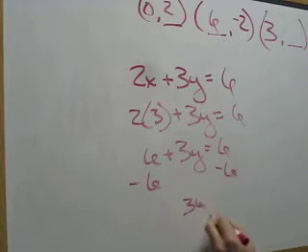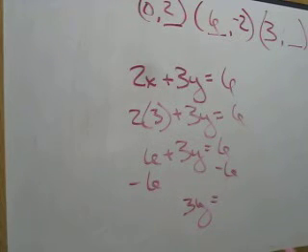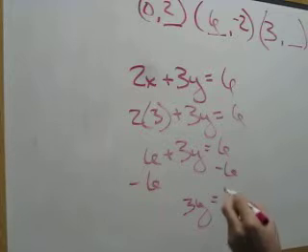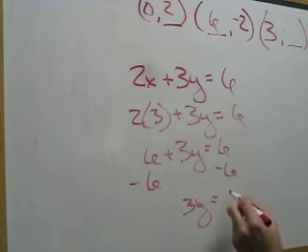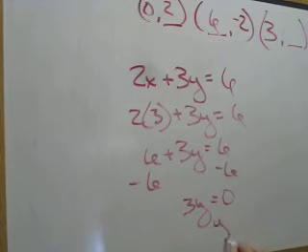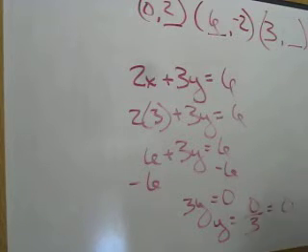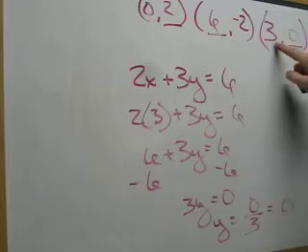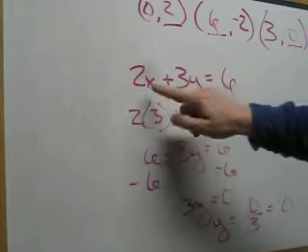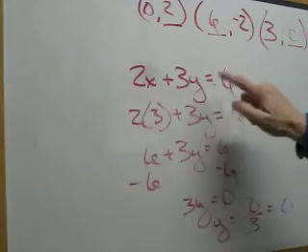So it gives me 3y equals, what do you get when you do that? You get 6 minus 6 is 0. So my y equals 0 over 3, which is 0. So if I put a 3 in here, I get a 0 for my y.